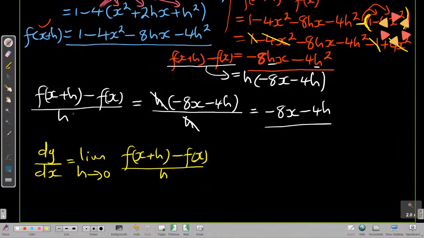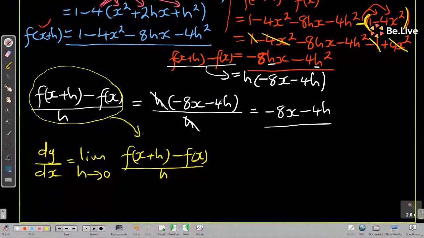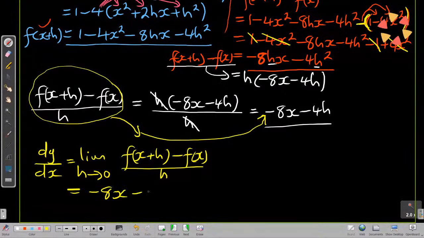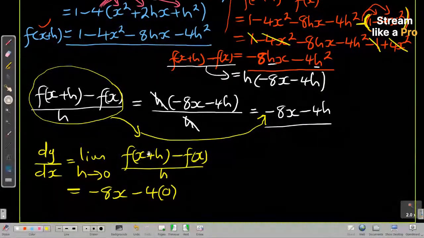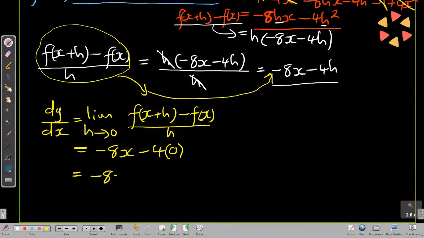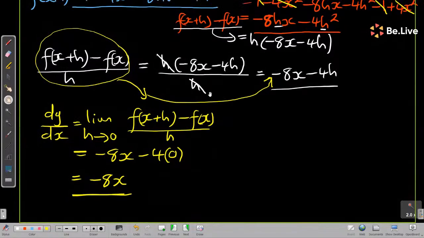So this part, you can see I'm having it here, and it became that. So this will be equal to minus 8x minus 4h. Now we are saying h must approach 0. So where there is h now, I put my 0, and then my final answer, you can see now it will become equal to negative 8x. That then becomes my dy over dx, and the answer that I got was from that formula.